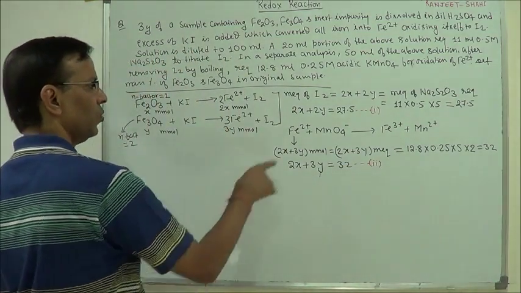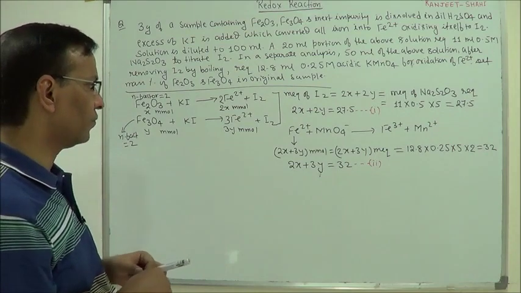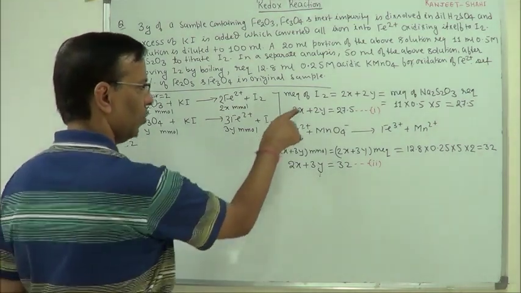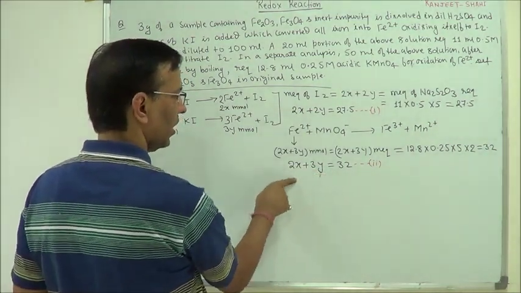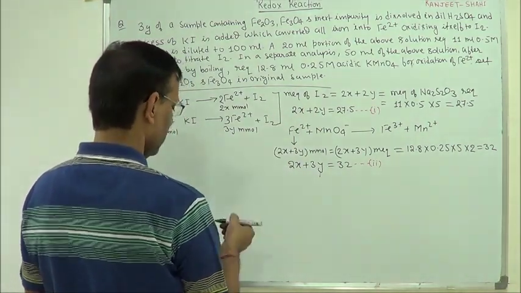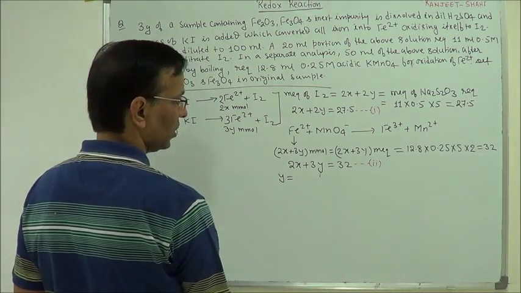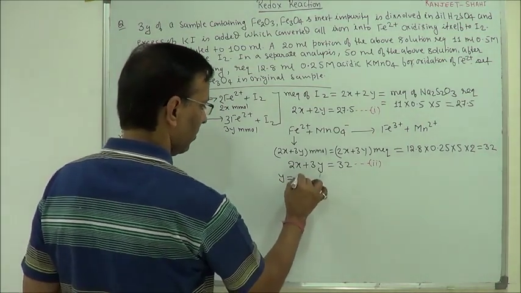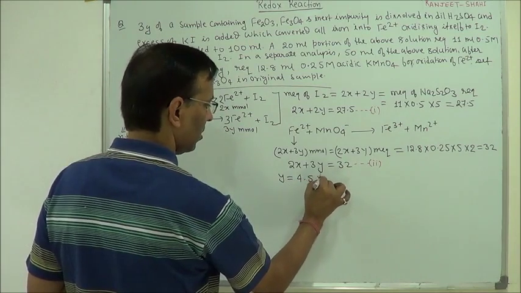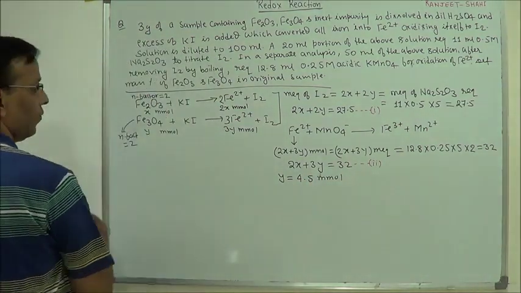Now these two equations, 1 and 2, can easily be solved for x and y. Subtract 1 from 2, x will cancel out, 3y minus 2y, y. So y will come out to be how much? 4.5. And see, we have taken this assumption in millimole.